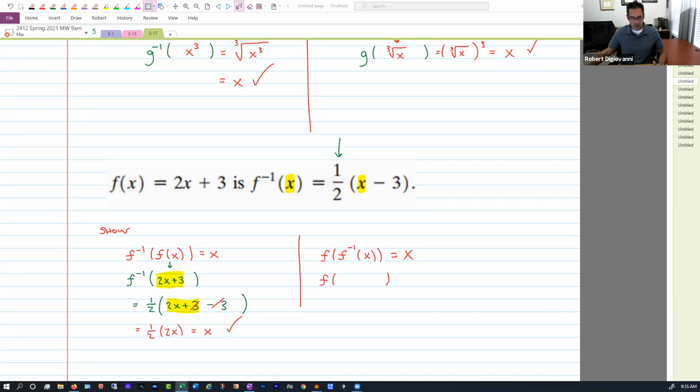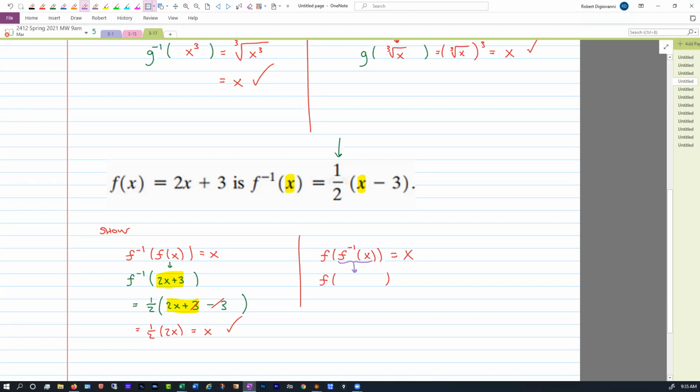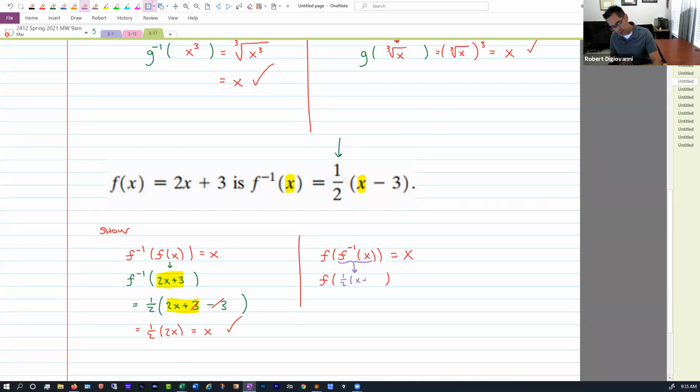Okay. So Leslie, what goes inside this parentheses here? We're replacing this whole thing, right? What is the inverse function? So would it be the whole half? Yep. Okay, so half of x minus 3, right?